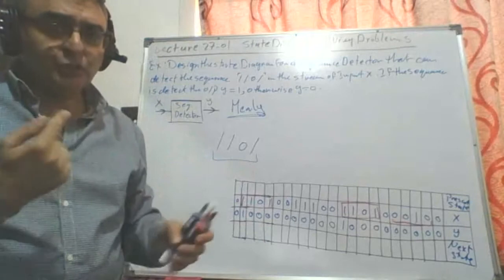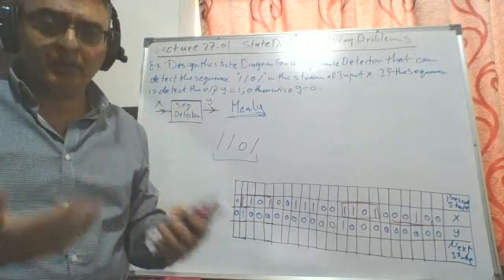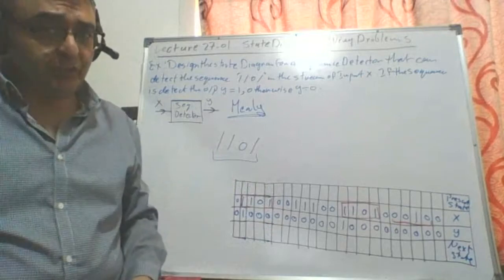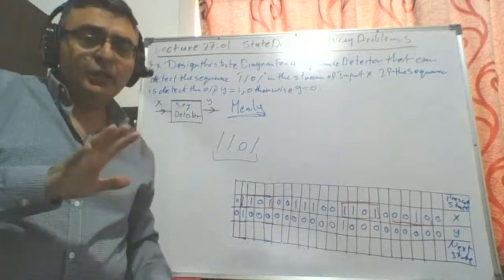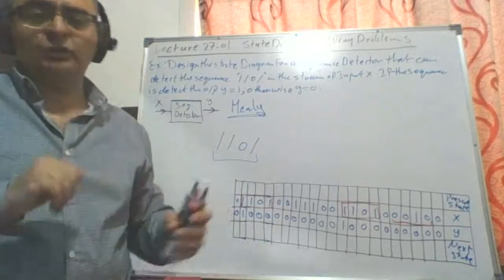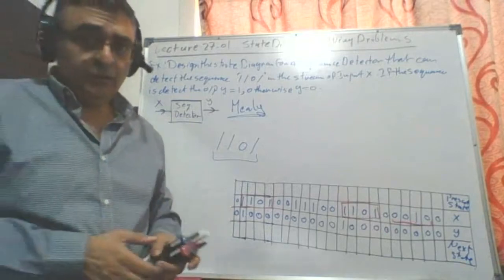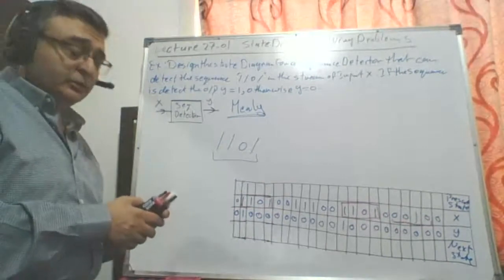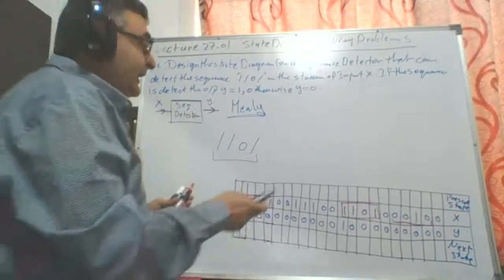Remember that you need to remember the history in order to see whether the pattern could be matching or not. Okay, so now we will start building the state diagram.